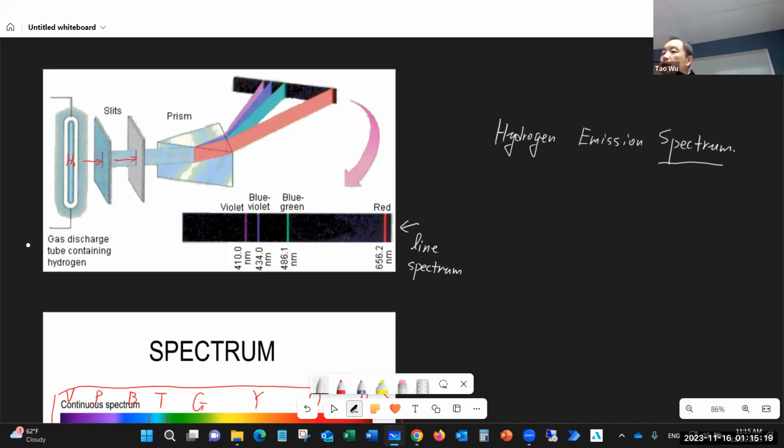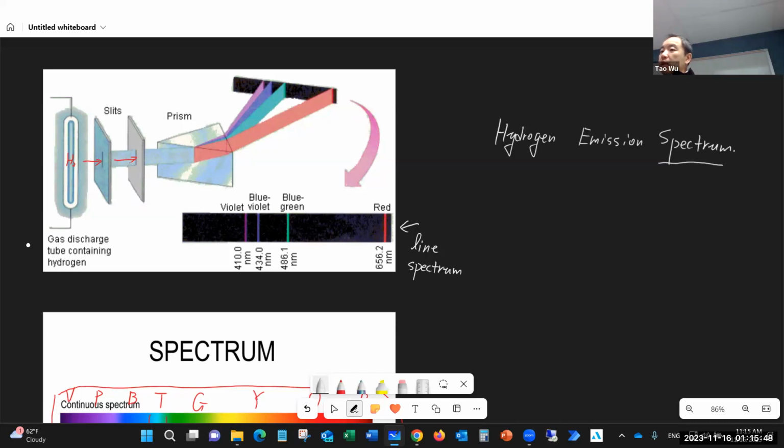The line spectrum is what exactly shows for hydrogen, and different materials will give you different spectra, but hydrogen will give you a spectrum like this. This is very interesting because you would expect a continuous spectrum, but for hydrogen, this single element gives you this spectrum.